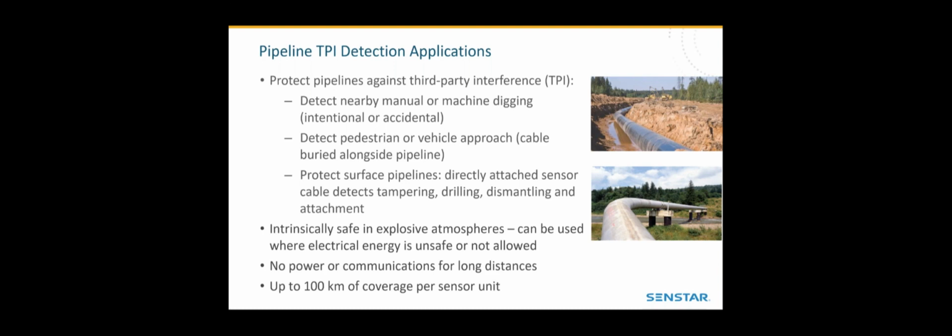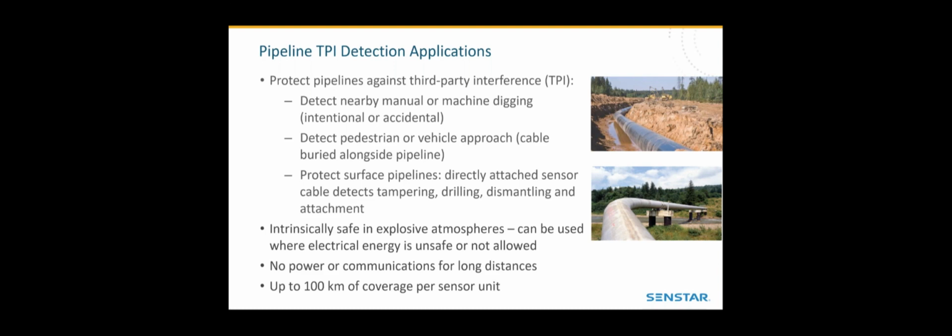So with the FiberPatrol system, we can put the fiber optic cable adjacent to the pipeline, typically over it, at 1 meter to one side, and we'll detect digging, manual digging, machine digging. Depending on the cable positioning exactly, we might be able to pick up pedestrians, we will pick up vehicles, and of course we'll detect any direct tapping or drilling into the cable.